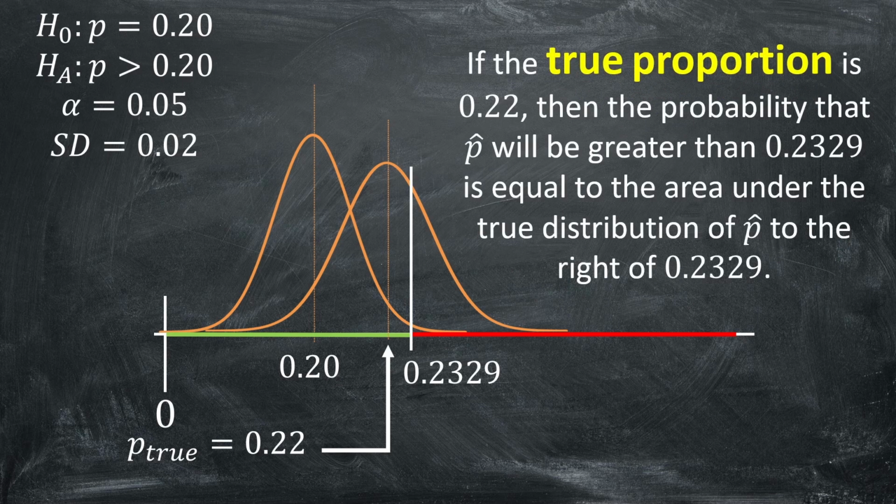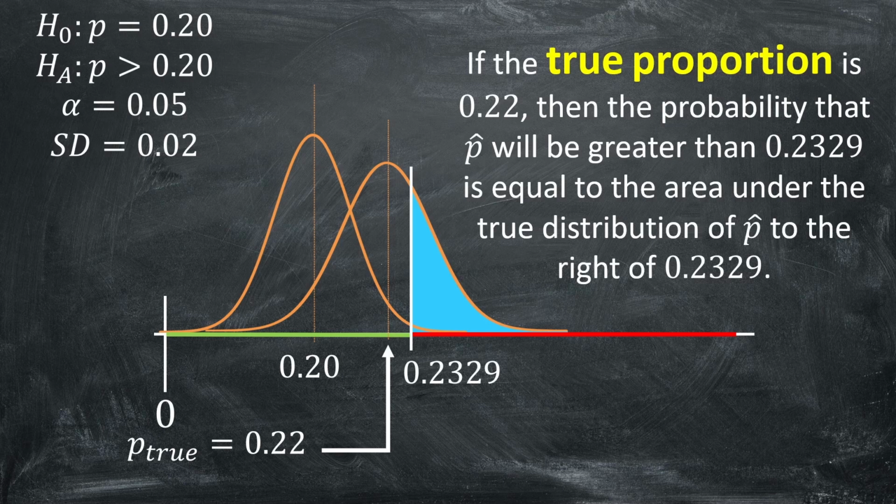So if the true proportion is 0.22, then the probability that p hat will be in the red zone is equal to the area under the curve from 0.2329 to the right. It's just this area. And that area represents the power of the test.